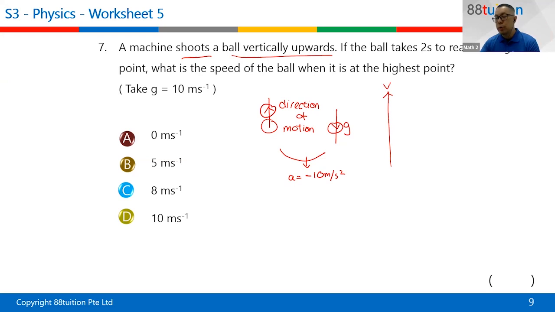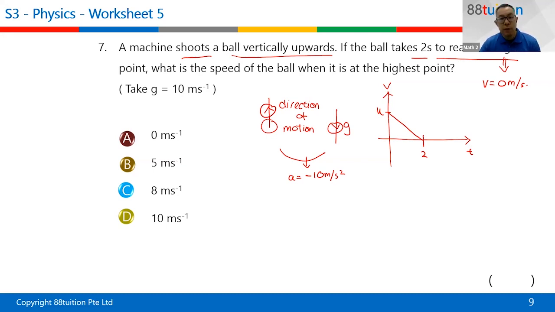So if you shoot the ball upwards, the initial speed cannot be 0. Okay, reach its highest point. At highest point, your velocity is always 0 meters per second. Okay, this is important. You need to know at highest point for any type of vertical motion, the velocity will be 0.